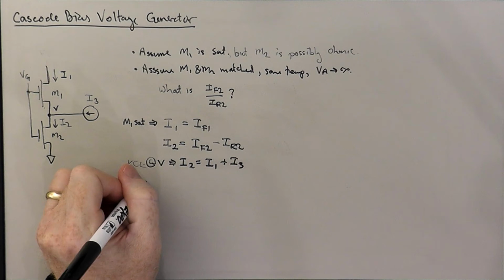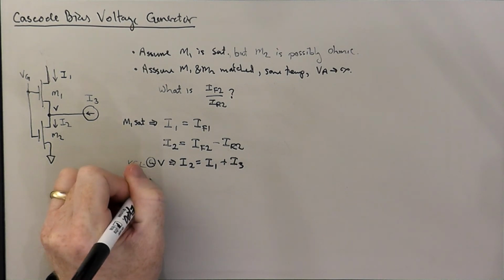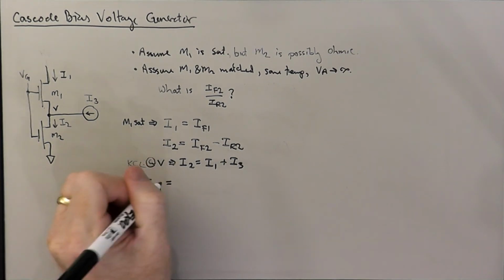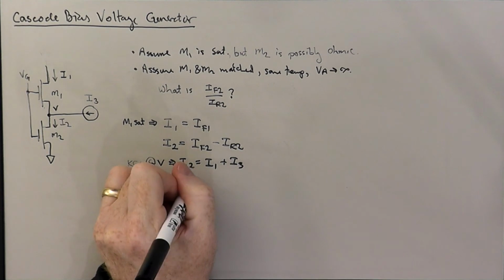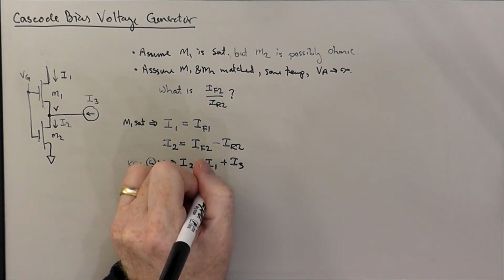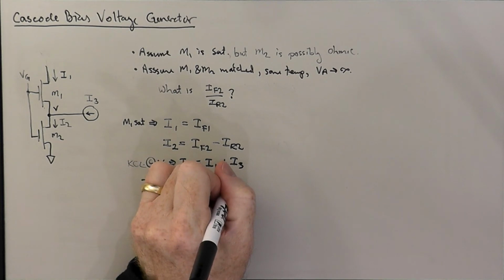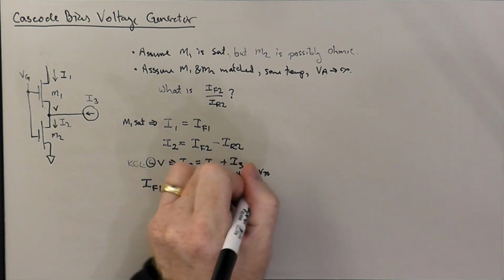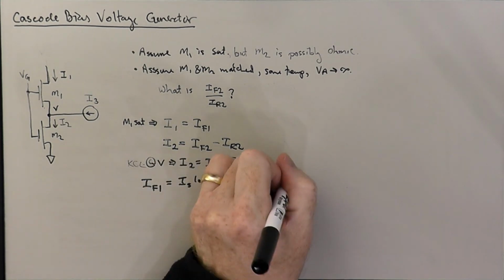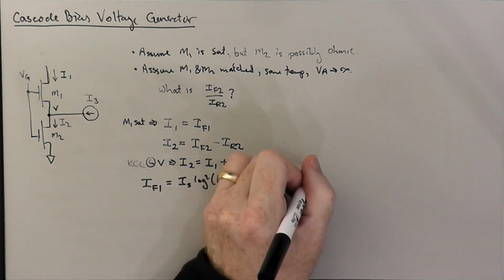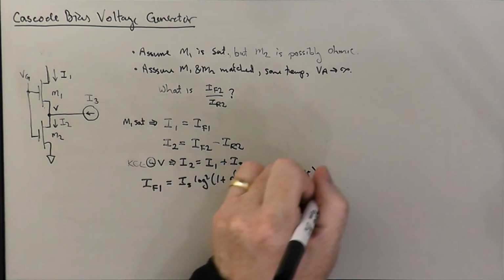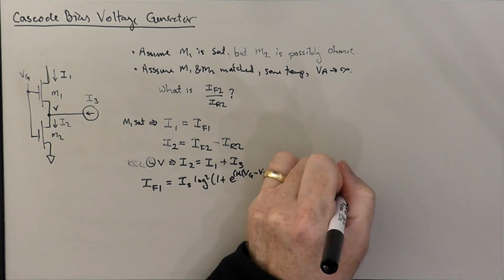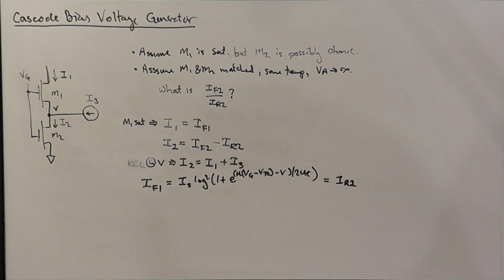So we have from that the forward current in transistor 1, which is equal to basically IS times log squared of 1 plus e to the kappa Vg minus Vt0 minus V over 2ut, is equal to IR2, right?